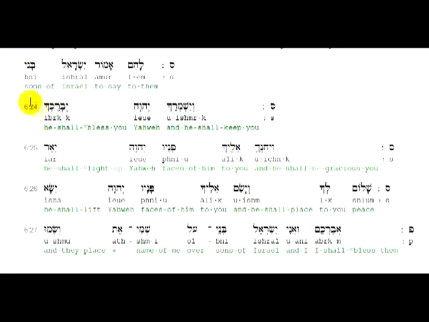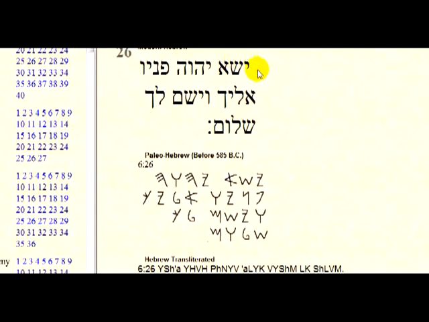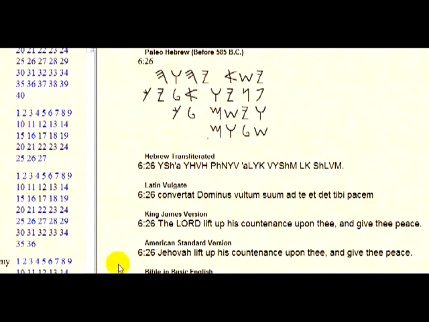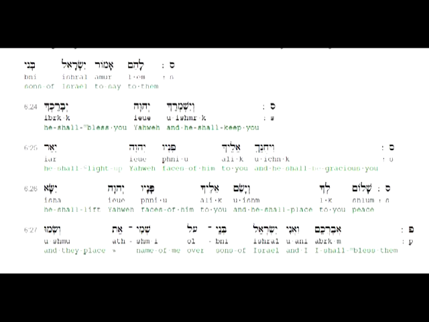The way they break it down, they write it from left to right. Now the Hebrew is written, as you've seen over here, from right to left. That's why we're reading this way. But the English is written from left to right. So now when you look at this, they have the Hebrew backwards. They have Yebarekeka, then they have Yahweh Weyishmerek, see?